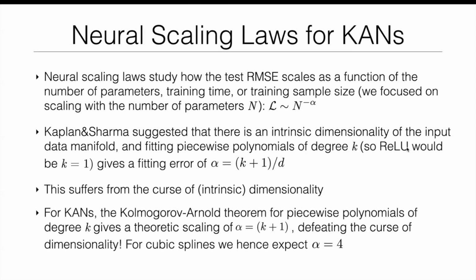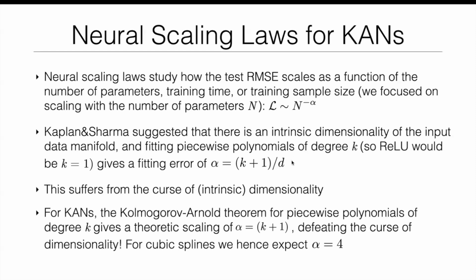So if I'm using a ReLU, remember ReLU is a piecewise function which is either 0 or the identity, so I would be essentially fitting a line. K would be 1, and this means that alpha would be 2 over d, where d is this intrinsic dimensionality, which might be hard to calculate in practice, but of course for some examples you can construct examples where you know d, and then you can compare against this.